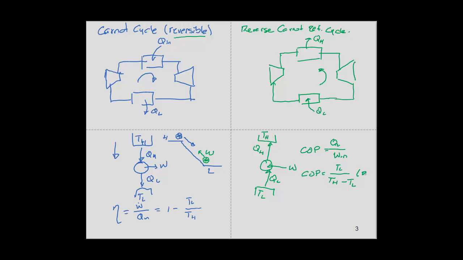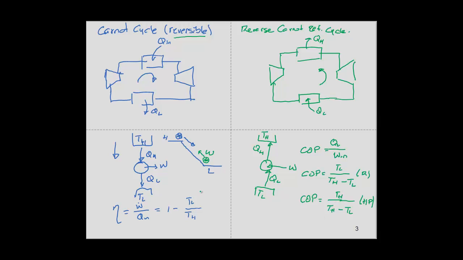And I will add here an R, meaning that this is a refrigerator, because what I like is to cool down something, and that's the effect that I want in a refrigerator. But I can also define it for a heat pump, where what I am interested in is the heat that I have here. So COP will be now TH divided by TH minus TL, and this will be for a heat pump.